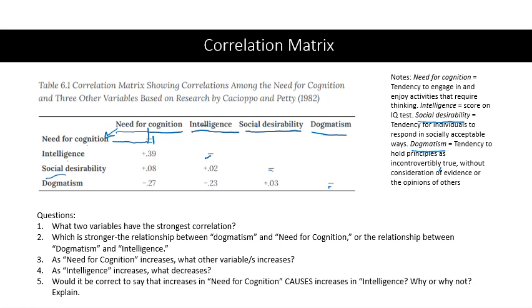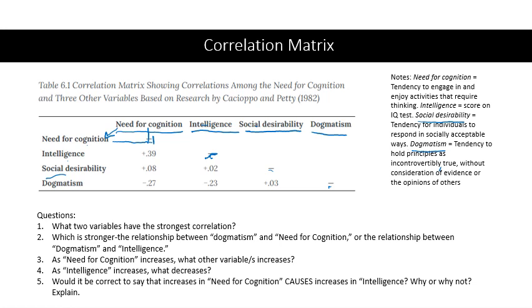So if we take the values for need for cognition and list them for each individual, and then do it again, they will be perfectly correlated. The same for intelligence. So these dashes just mean these are perfect correlations. Obviously, intelligence is linked to intelligence. Social desirability correlates perfectly with social desirability. And so the data of interest is these, showing the relationships between these 2 measures.